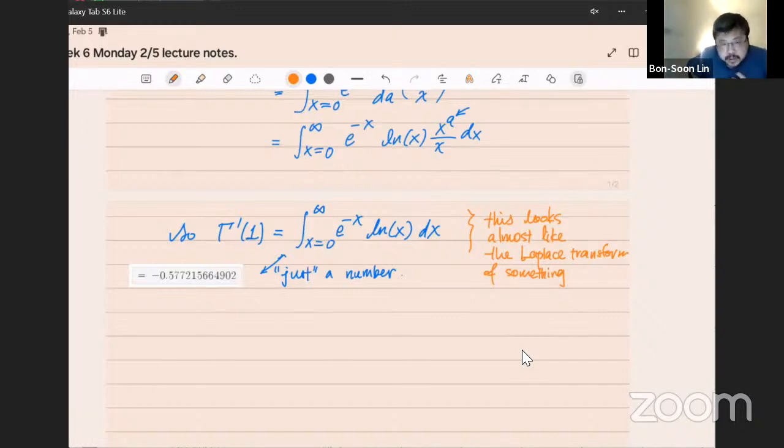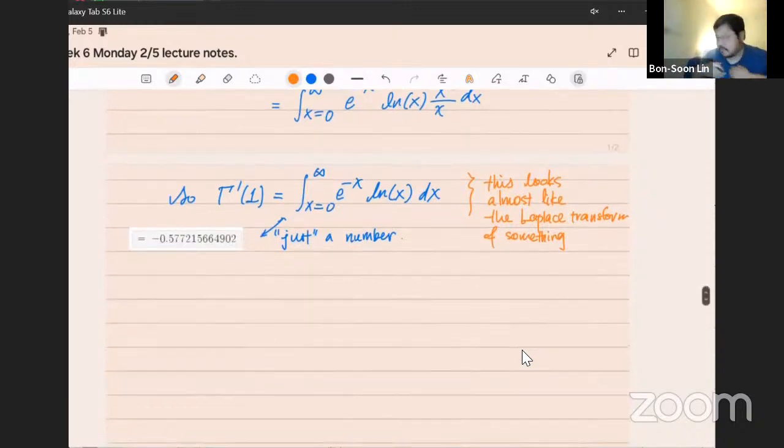So let me show you a trick to turn an integral where you have e to the minus x times something into a Laplace transform. And the trick is just do a substitution. Okay, so let me show you. So well, how do I get minus px to show up? Is just to let x equal to something like, say, pt.